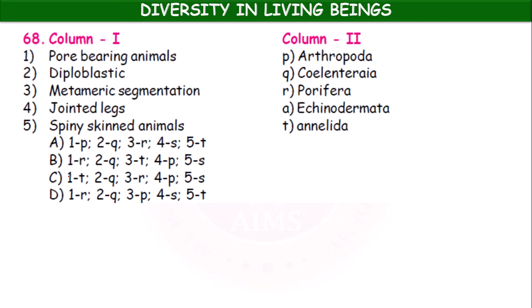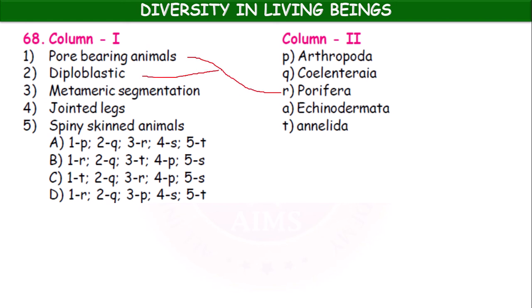Next, pore bearing animals, diploblastic, metameric segmentation, jointed legs, spiny skinned animals. Here the phyla are given: Arthropoda, Coelenterata, Porifera, Echinodermata and Annelida. Okay, first let us match. Pore bearing animals, Porifera.